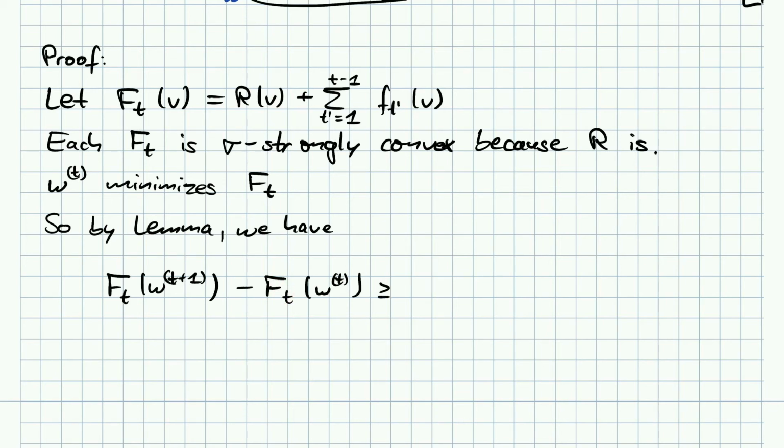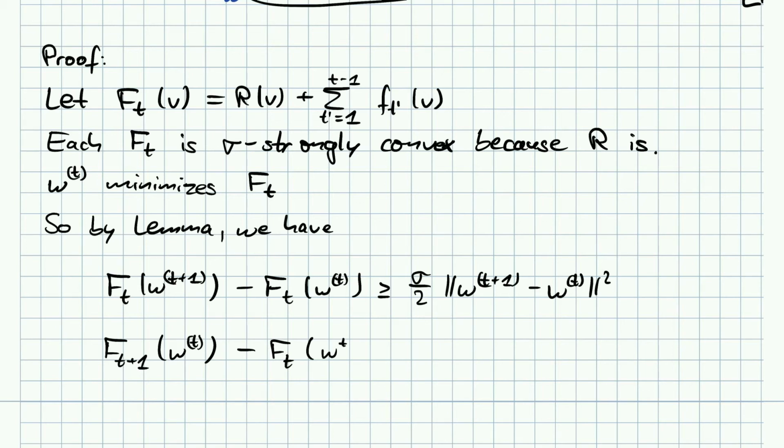this is at least sigma over 2 times the norm of the difference of these vectors squared. And also, what do we know about the function capital F_{t+1}? We know that there w_t is not the minimizer. Maybe it is if the 2 points are the same, but it should generally not be the minimizer.